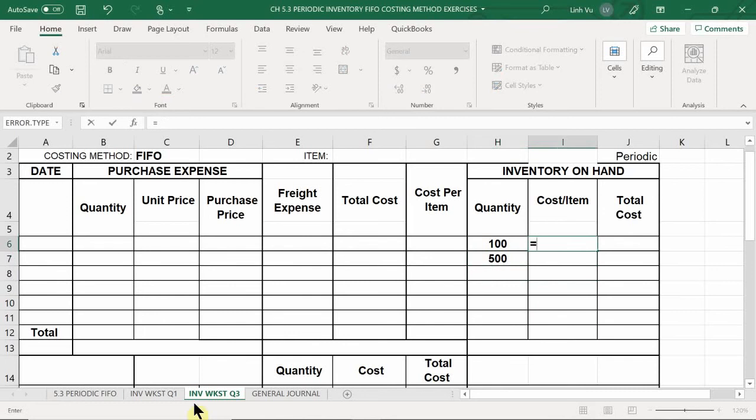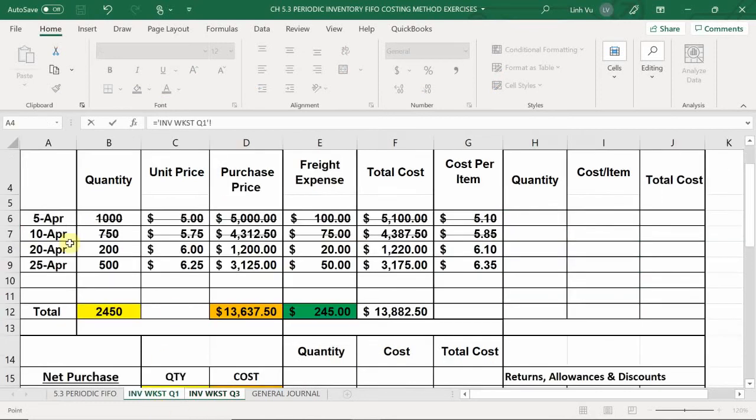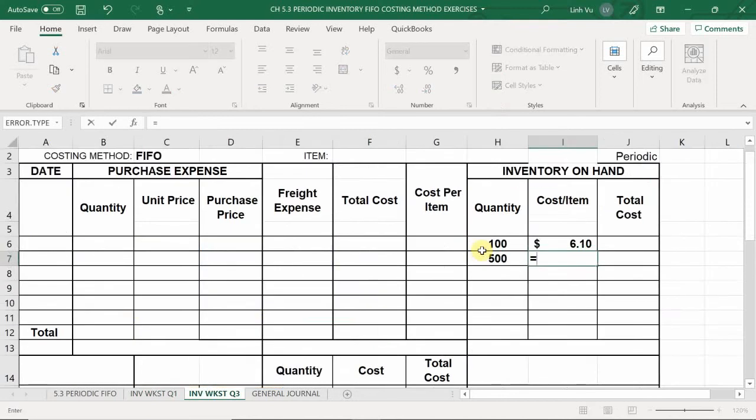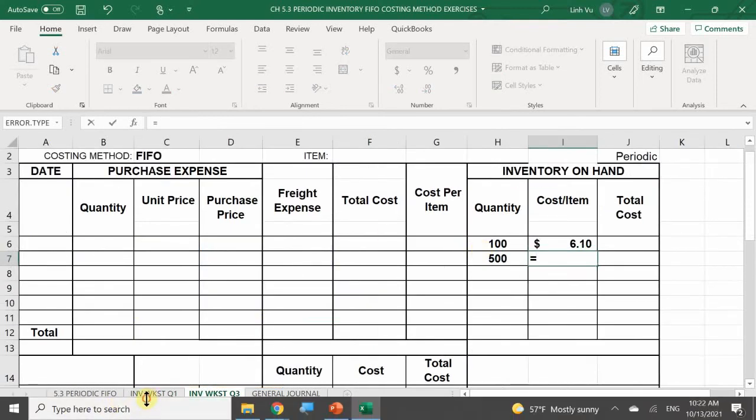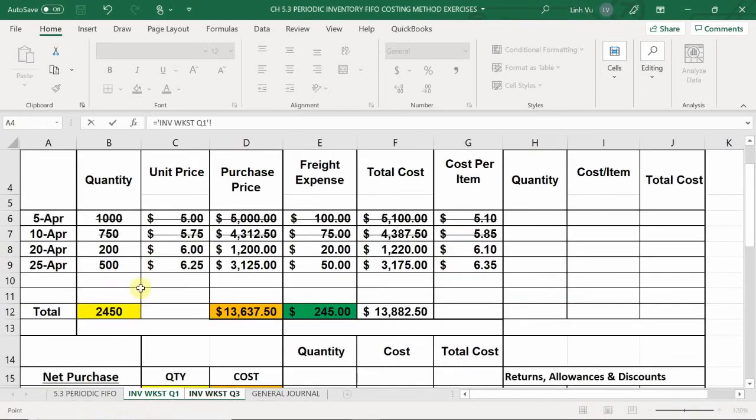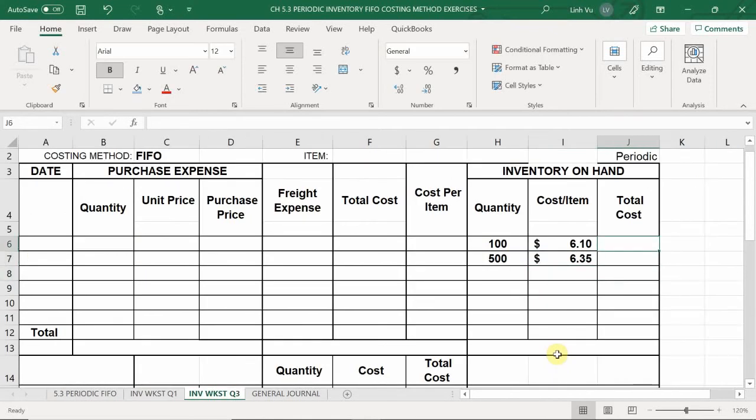What I'm going to do is copy the unit prices. So here, I have 100 at 6.10 and I have 500 at 6.35. If I do my quantity times cost, it's going to give me $610, and then 3,175.